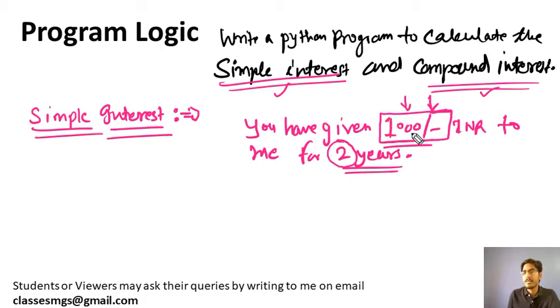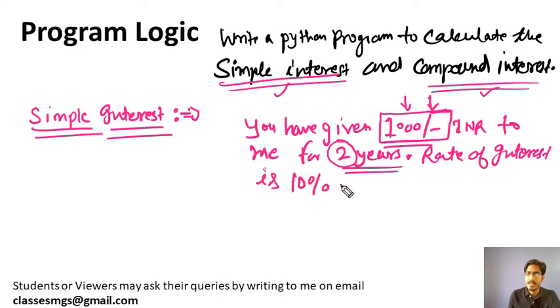So you will charge some interest for 1 year and some interest for another 1 year. You will charge some interest for 2 years so that you can get some benefit. Let's suppose you have given these 1000 rupees for 2 years to me at the rate of 10%.